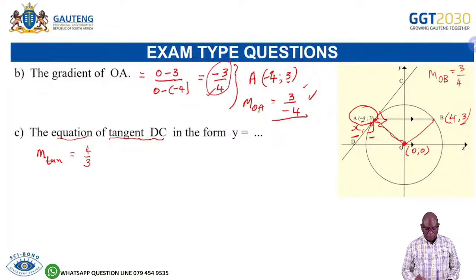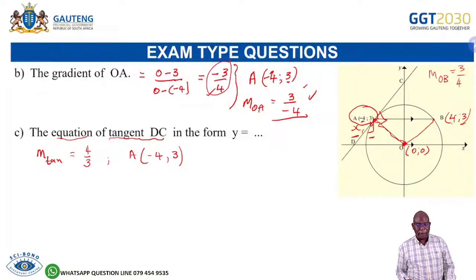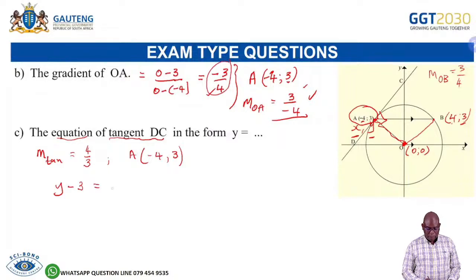But now I have got a point, which is point A, which is minus 4 and 3. By the way, to get the equation of the tangent, what do I need? I need a gradient and a point. So I have the gradient and a point. So the y value is 3. The gradient is 4 over 3.